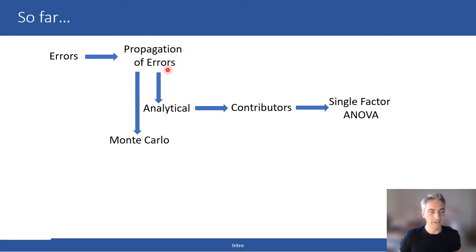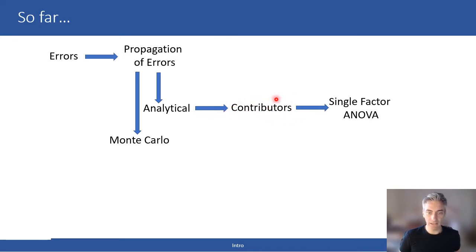And we analyzed how these different components can affect the performance of the system, both using a Monte Carlo approach, a numerical approach, and also an analytical approach. In particular, from the analytical approach, we could identify or break down the overall system error into different contributing factors.